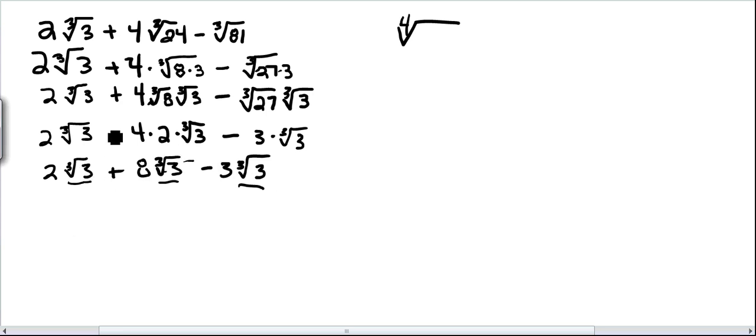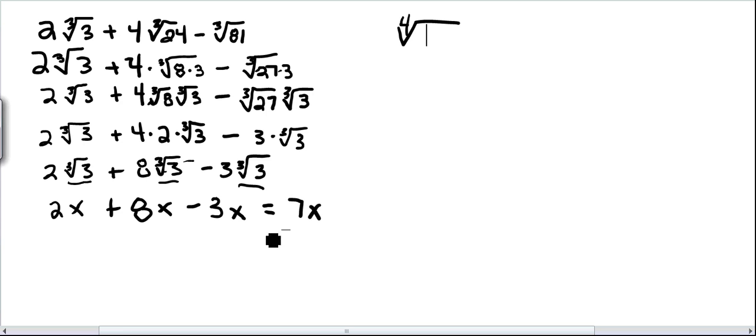So if you had the problem 2x plus 8x minus 3x, you'd know that that would be 2 plus 8, 10x minus 3x, or 7x, right? Well, it works much the same way with radicals. 2 times the cubed root of 3 plus 8 times the cubed root of 3 minus 3 times the cubed root of 3 is actually going to be 7 times the cubed root of 3.